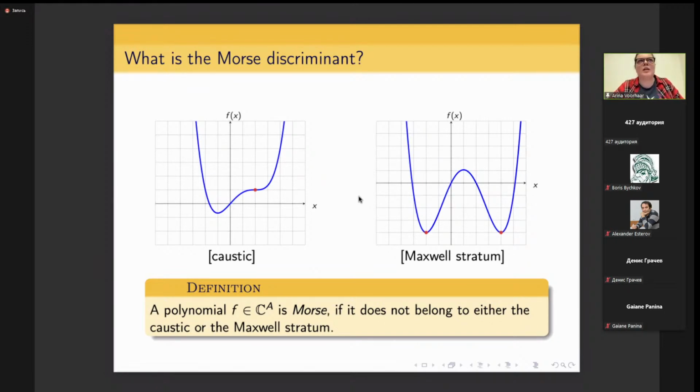So if I multiply my polynomial by some monomial, then the solution set in the torus doesn't change, right? Yes, but the critical points do. The zero locus is preserved, but the critical points and the properties of the caustic and Maxwell stratum are not invariant if you multiply a function by a monomial in x.